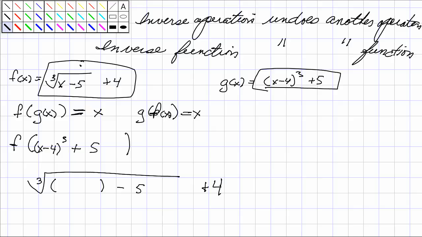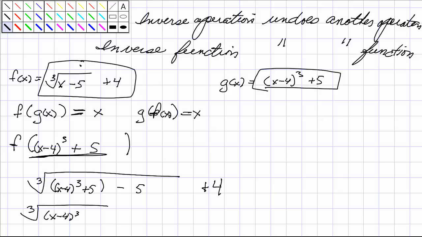Well, this time my input is (x minus 4) to the third plus 5. You don't really need those parentheses, do you? This is the same as the third root of (x minus 4) to the third plus 5, minus 5.